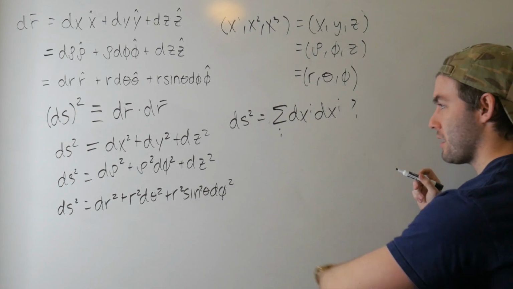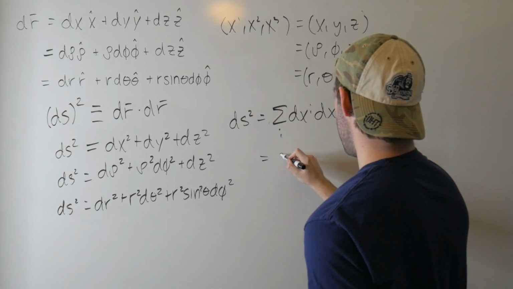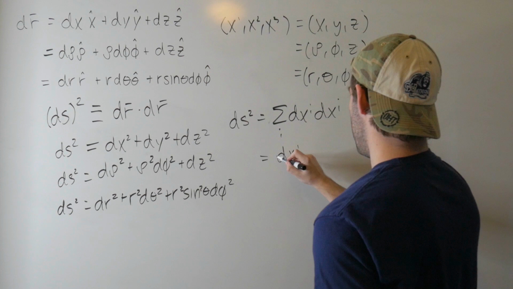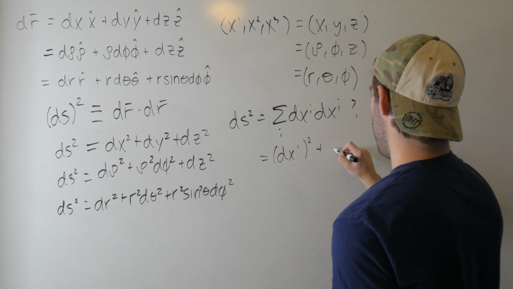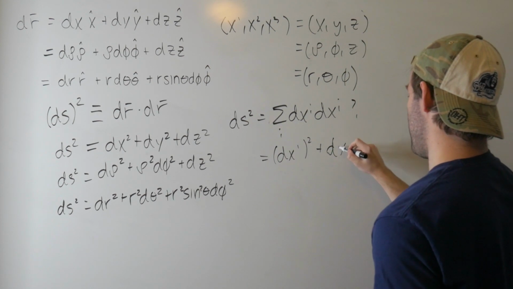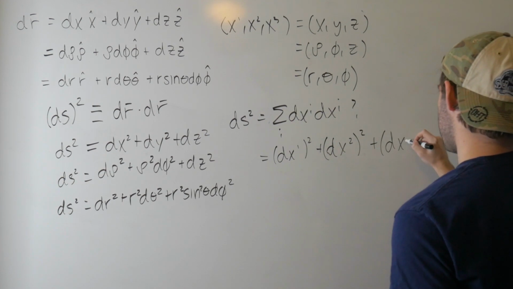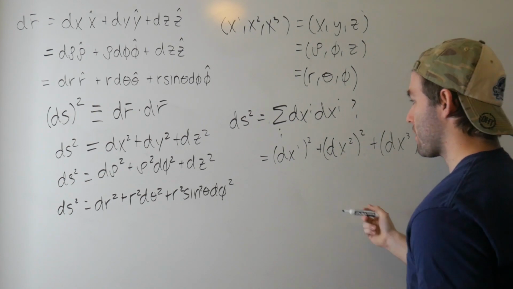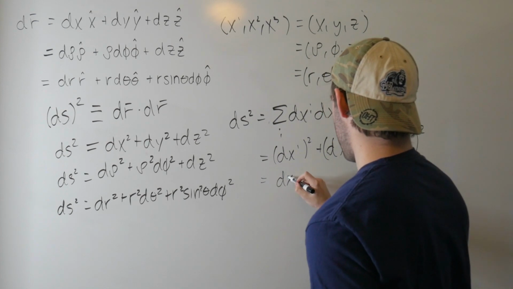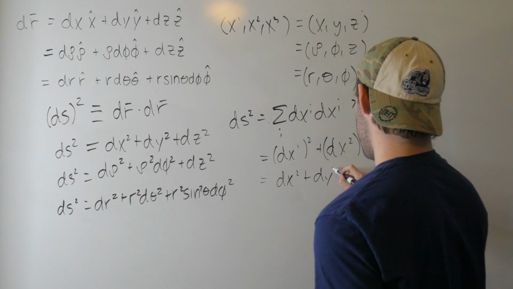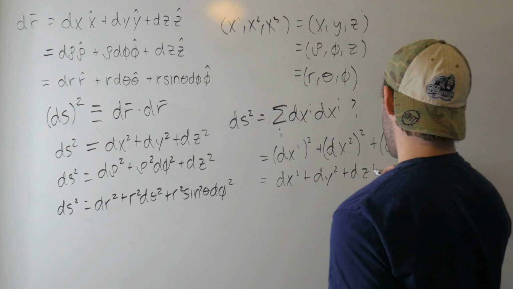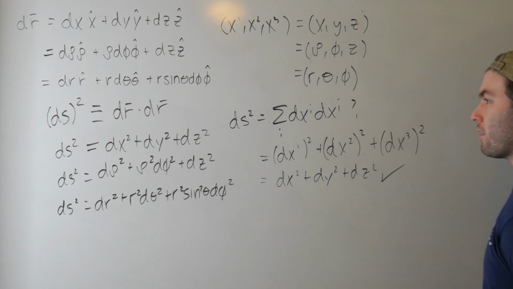So let's give this a shot. In Cartesian coordinates, this is going to be dx1 squared plus dx2 squared plus dx3 squared. And in Cartesian coordinates, that's just dx squared plus dy squared plus dz squared. Success. So that kind of works.